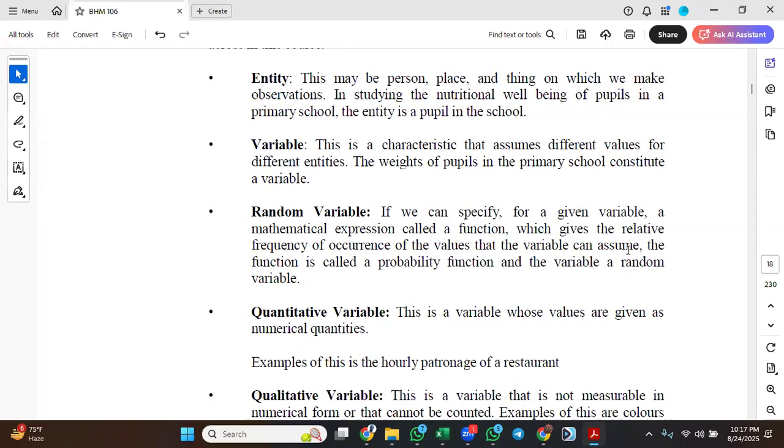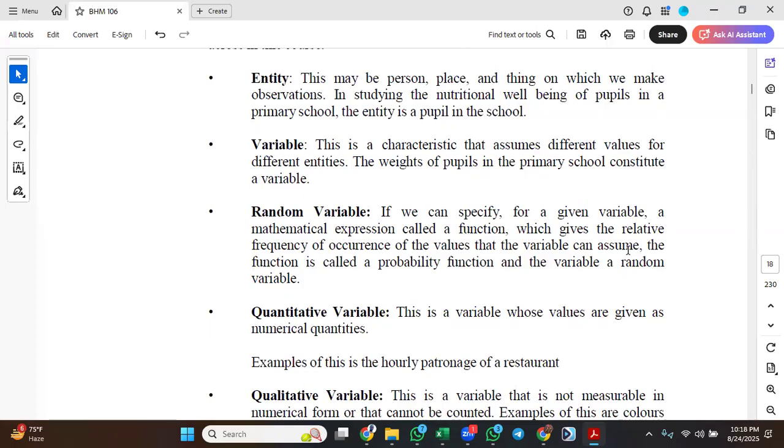For instance, let's say that we know that no primary school pupil will be 1.7. Is that not so? Let's say that the maximum we can get in primary school, just saying, is 1.5. In fact, that child is supposed to have been in secondary school by then. 1.5, right?